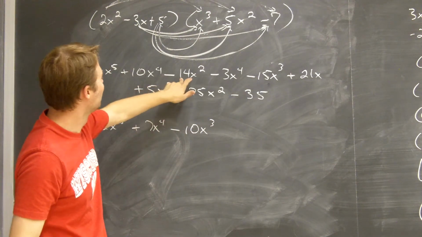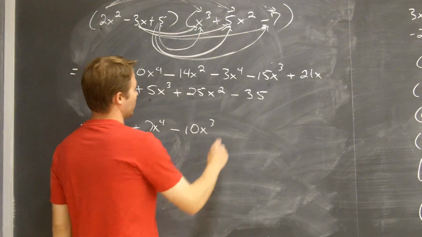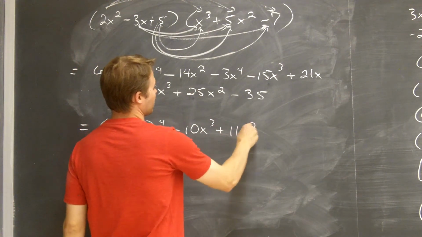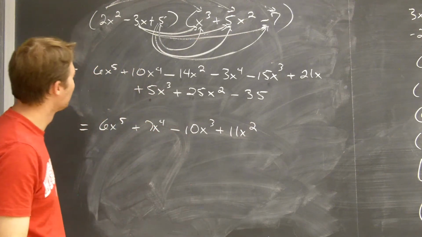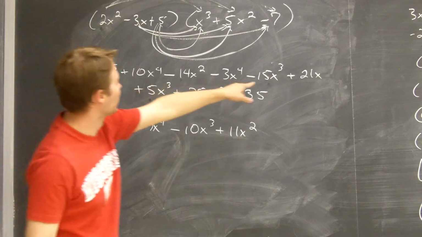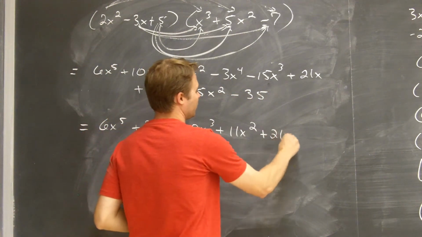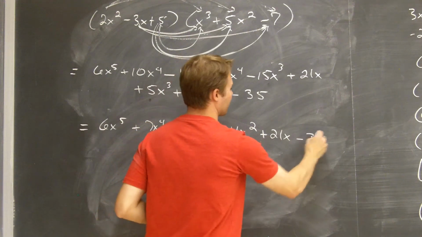Squares, I have 2. Negative 14x squared plus 25x squared, this is going to be 11x squared. And then, do I have any constants? Oh, I have my 21x, right? 21x, so that stays by itself. And then my constant is negative 35.